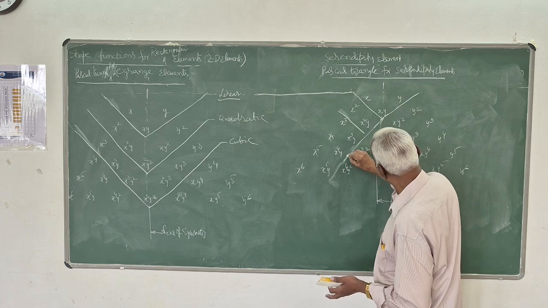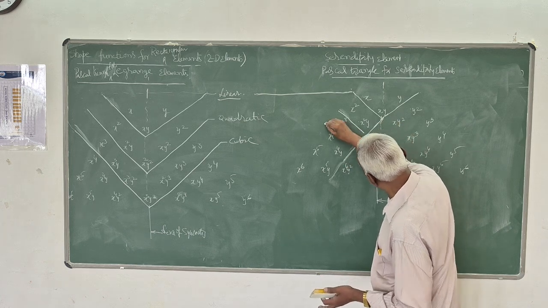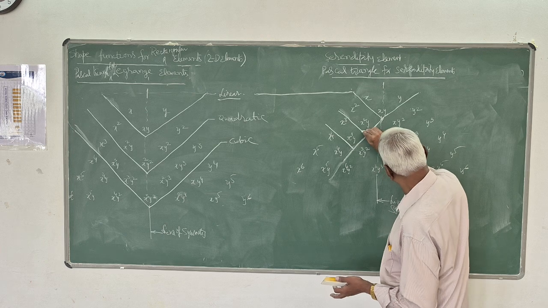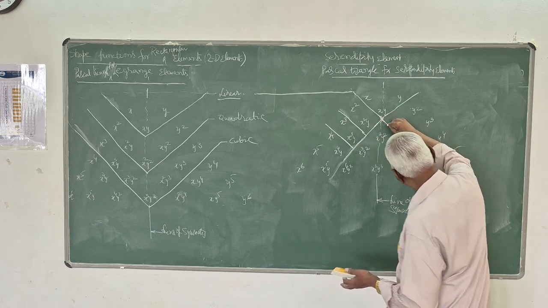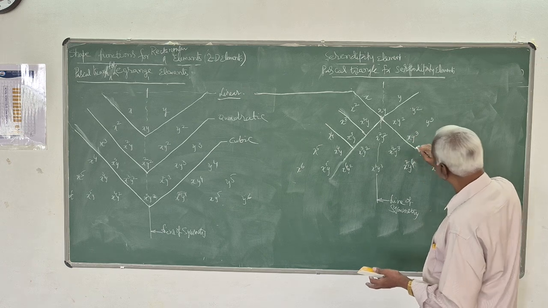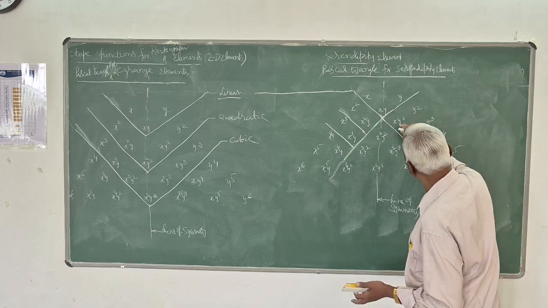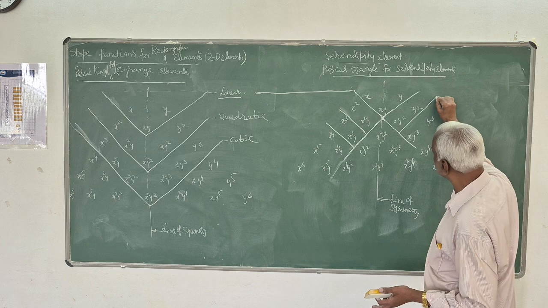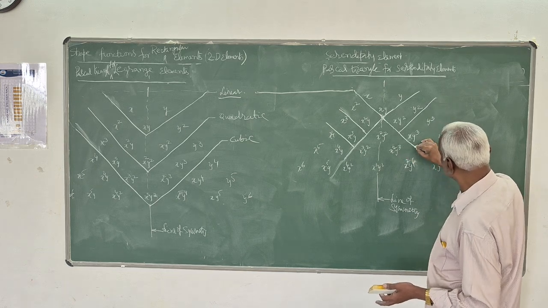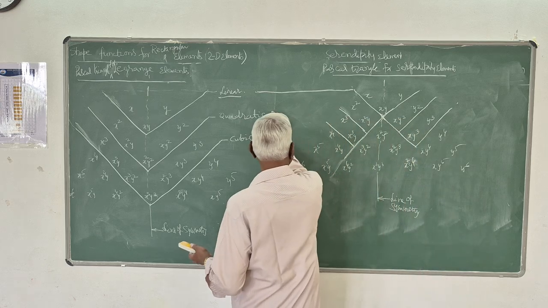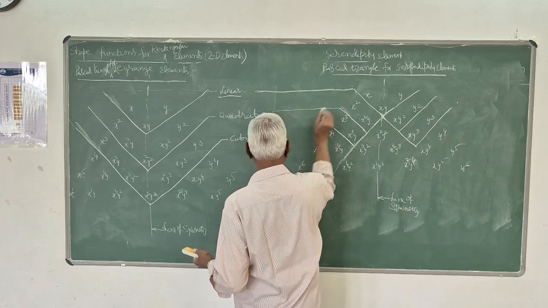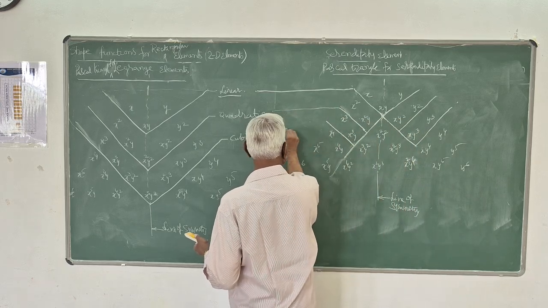You will find the elements of the polynomial, these two. It will be like this. Quadratic, that is cubic.